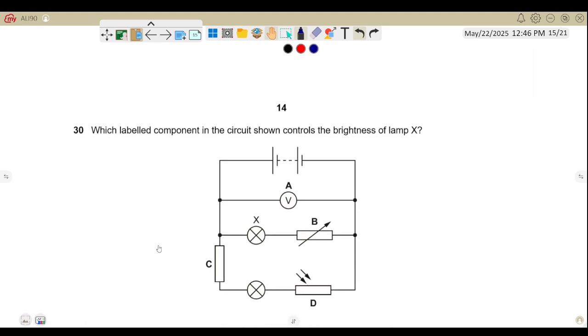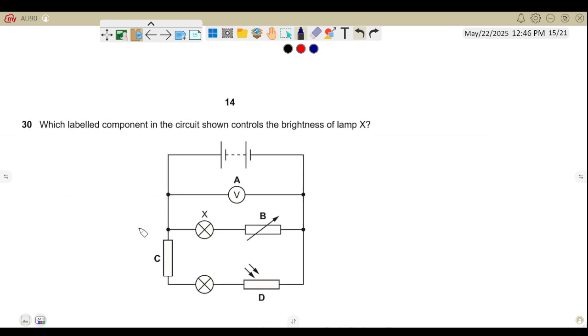Finally, for this video, we're going to talk about this electrical situation: which labeled component in the circuit shown controls the brightness of lamp X?